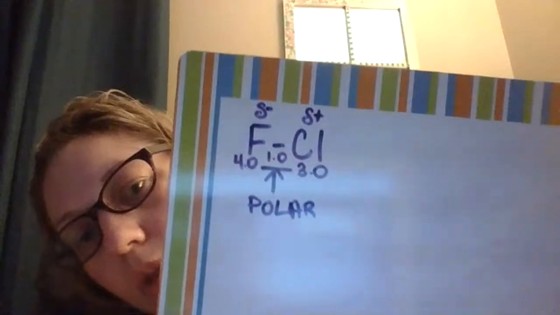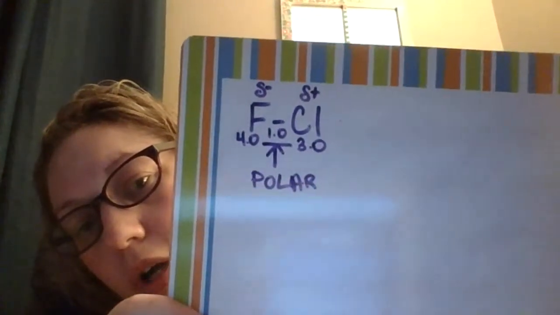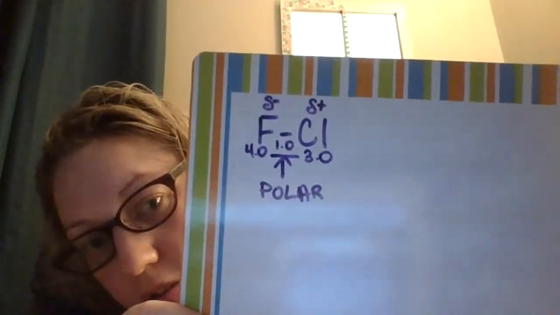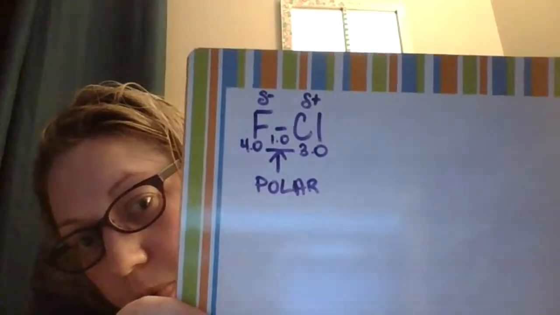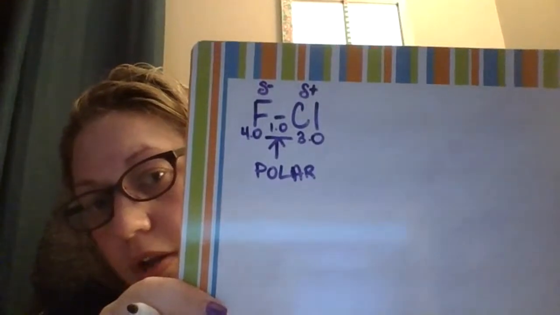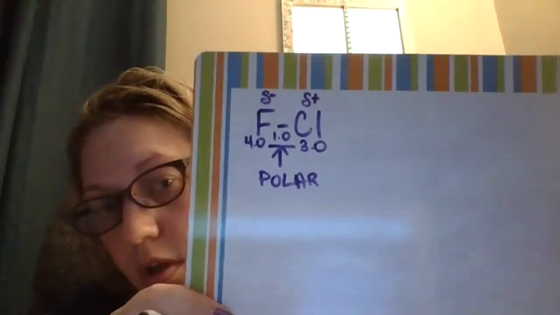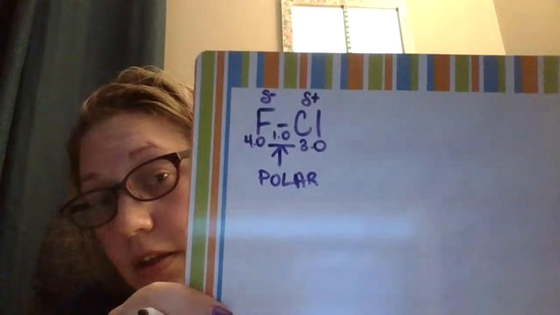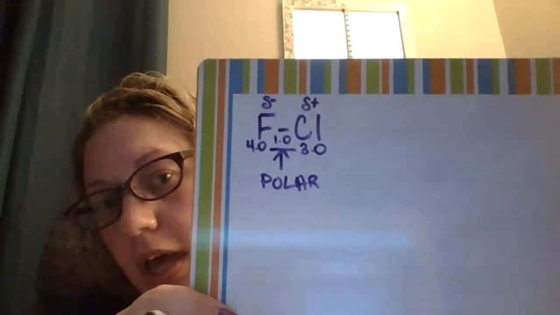That number makes this a polar bond, because it is greater than 0.4, with chlorine being the less electronegative atom.